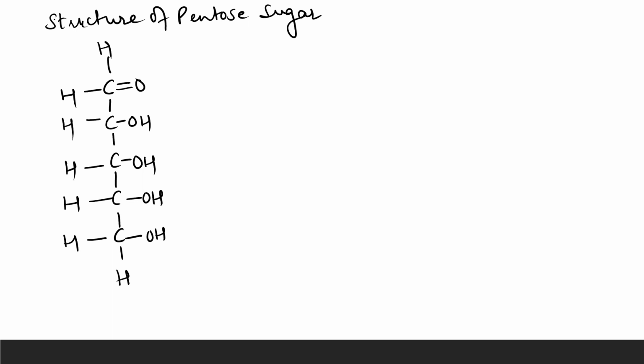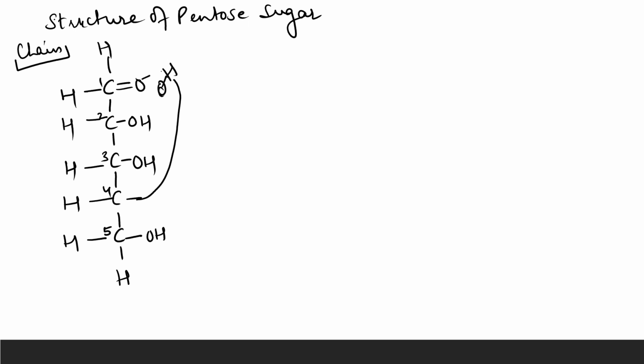So this is a chain structure. We don't need a chain structure, we need a ring structure. So I said something will happen at the first carbon and the fourth carbon. Now what will happen? This OH will be removed from here and it will make a bond with the C1, right?